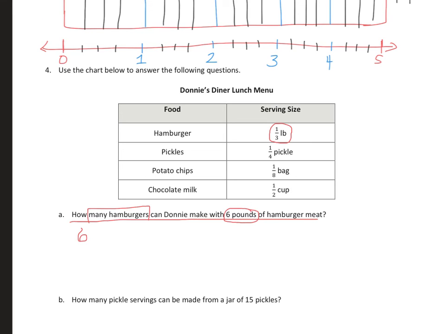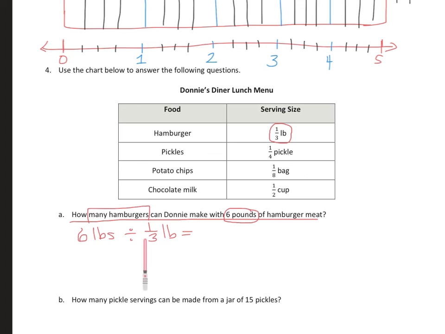We're taking the 6 pounds. Let's go ahead and do that. We have the 6 pounds of hamburger meat and we're dividing it by 1/3 of a pound. And we want to know how many hamburgers he can make. So following that pattern that we were doing, 6 divided by 1/3, remember that 6 wholes and that third helped give us the answer without drawing a model.